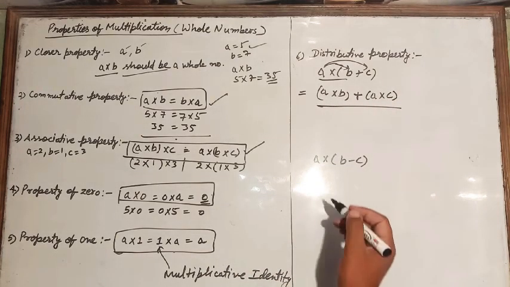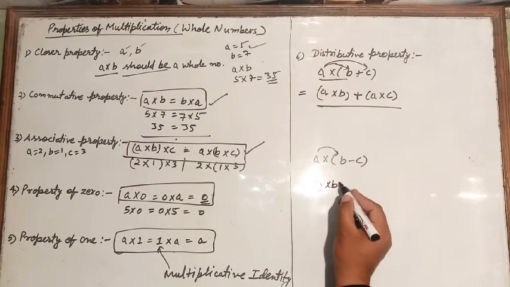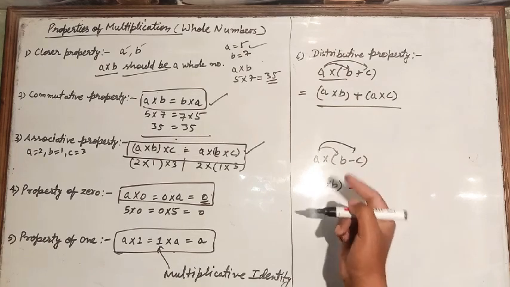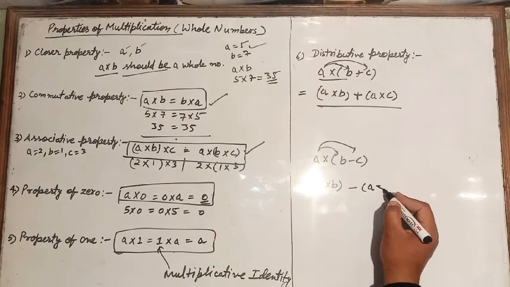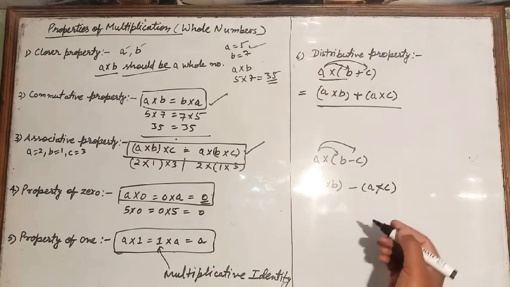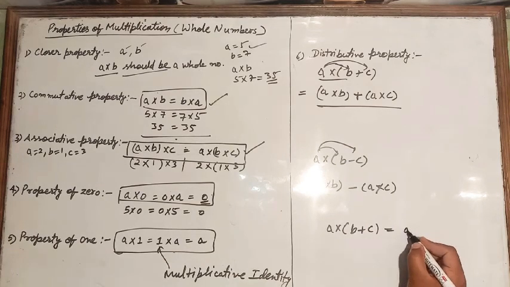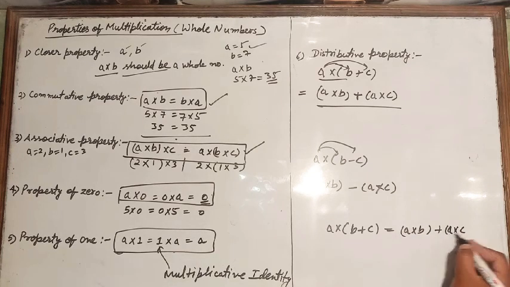Same way, first A will be multiplied with B, so we write A into B, now the sign is minus, and again A will be multiplied with C, so it will be A into B minus A into C. Means A into B plus C will be equal to A into B plus A into C. This you will remember.